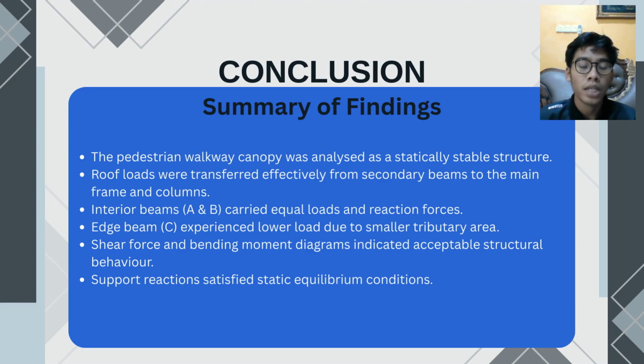Interior beams, labeled as beam A and beam B, carried equal loads due to having similar tributary areas. In contrast, the H beam carried a lower load because it supported a smaller roof area. The shear force and bending moment diagrams for all beams indicate acceptable structural behavior with no excessive internal forces observed. In addition, the calculated support reactions satisfied the conditions of static equilibrium, confirming that the structure can safely resist the applied loads.